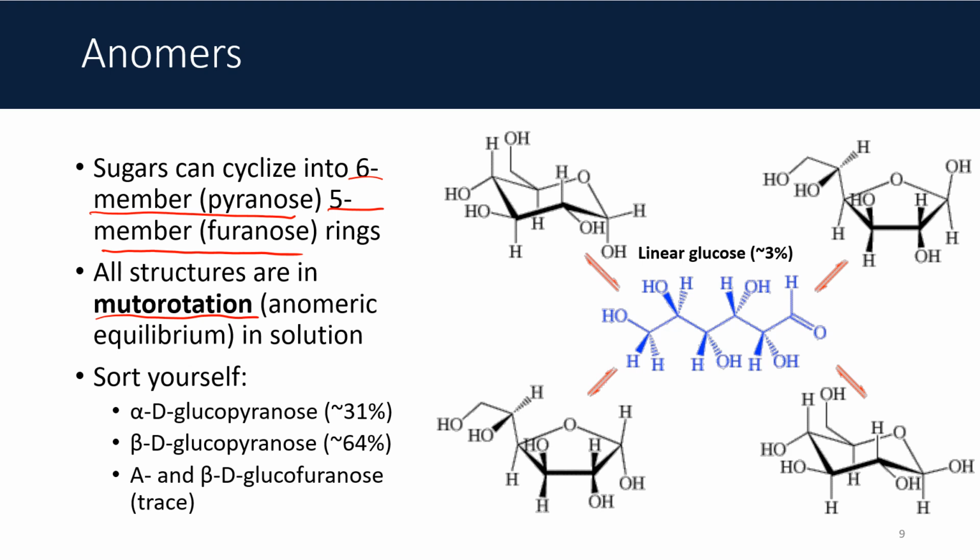And once we reach equilibrium, about 1/3 is going to form the alpha glucopyranose configuration. I want you to pause the video and see if you can identify it in these 4 cyclic structures I've drawn on the right. What is the alpha glucopyranose?